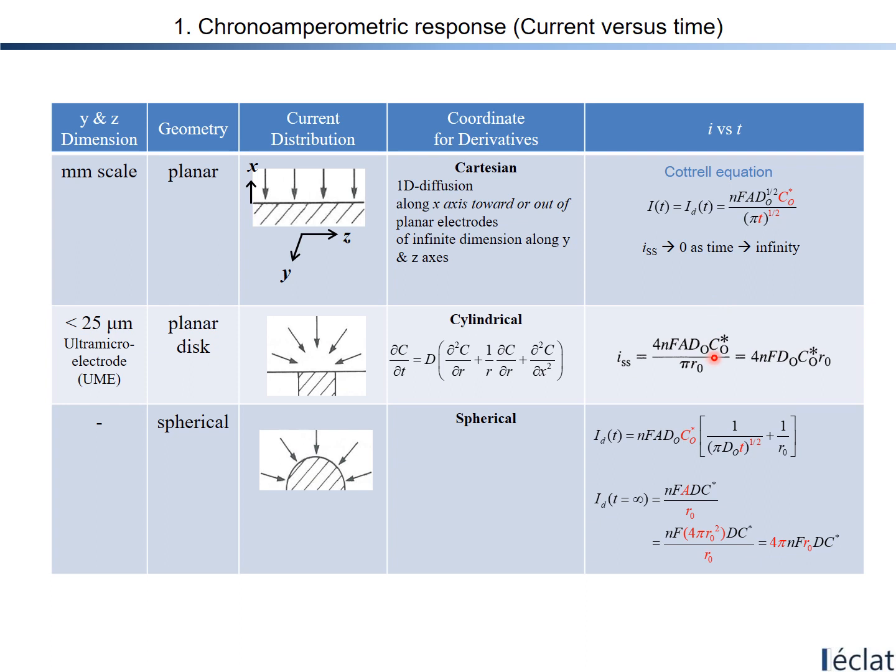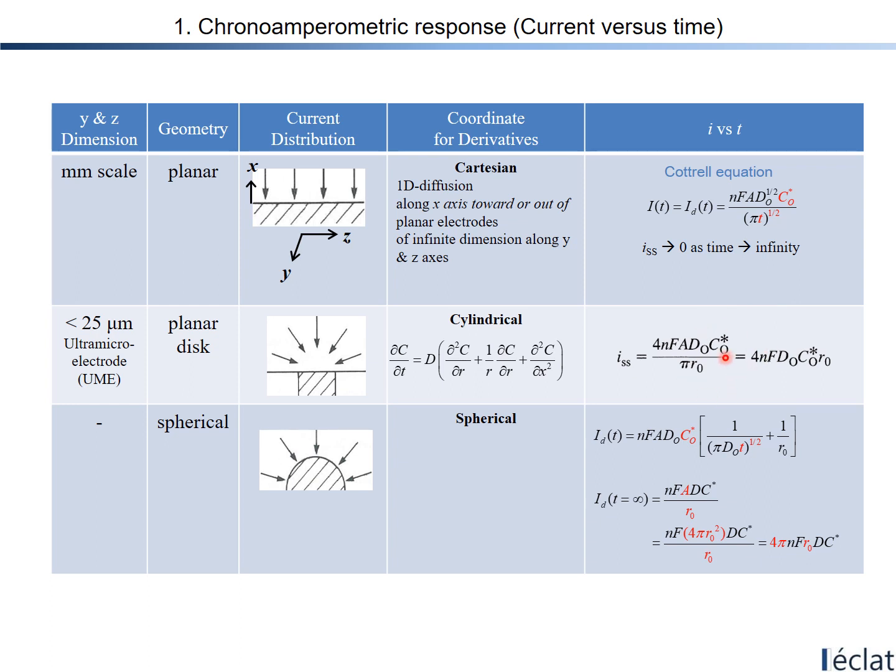However, in the case of the planar disk ultramicroelectrode, the steady state current is going to approach a certain value, not zero. And the steady state current is proportional to the size of the disk electrode and the bulk concentration with diffusivity. So this is the big difference between the large disk electrode and the small disk electrode.